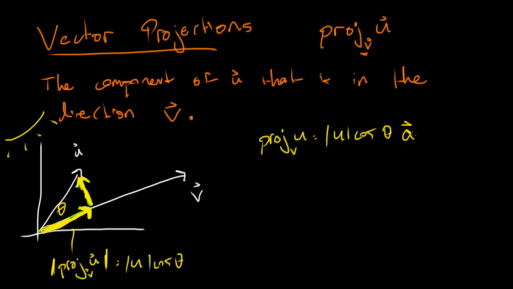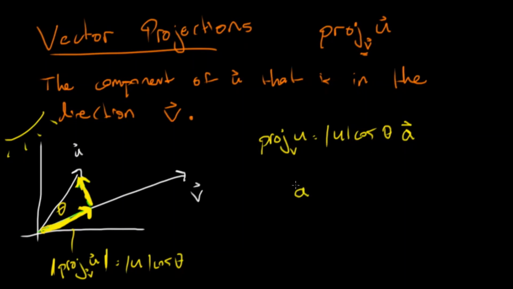So what vectors have the property that when you multiply them by u cosine theta, you get a magnitude of u cosine theta? You need a vector that has magnitude 1. Because when you multiply a vector with magnitude 1 by u cosine theta, you will get u cosine theta.